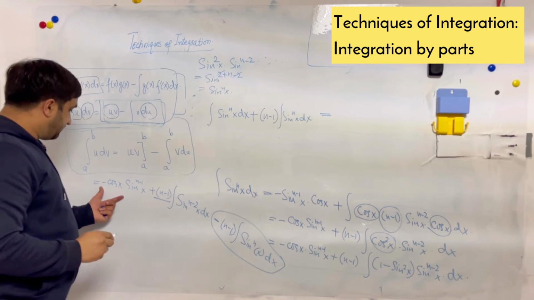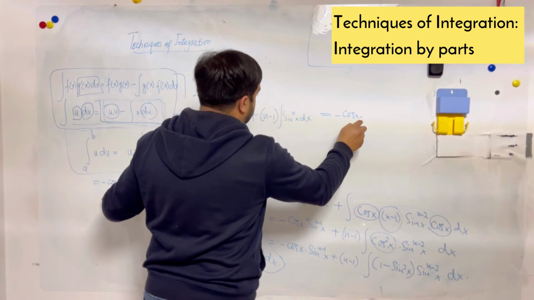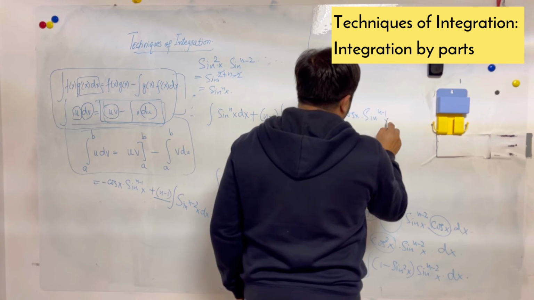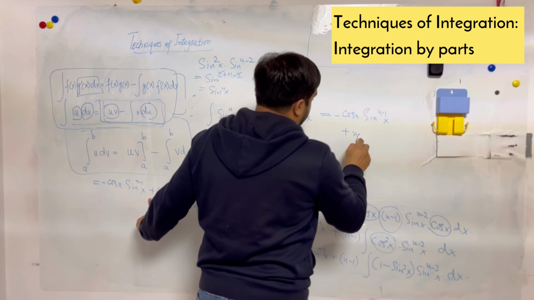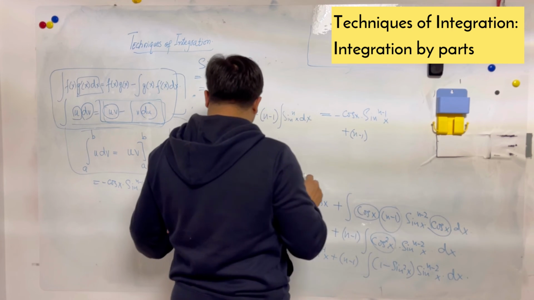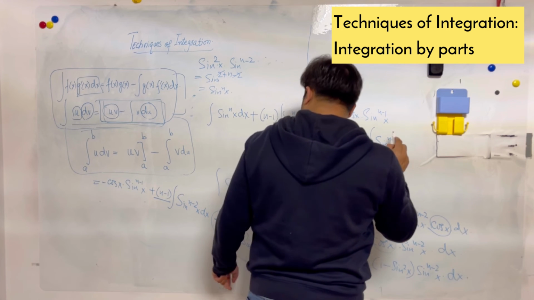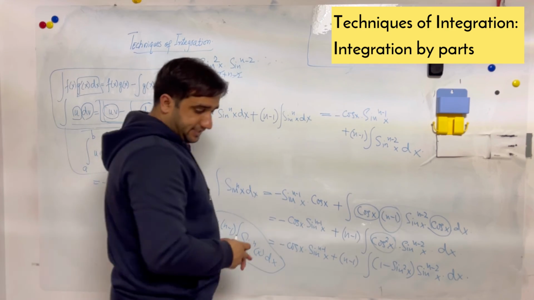On the right, now the leftover is minus cos x sine raised to the power n minus 1 x plus n minus 1 integral sine n minus 2 x dx. All finished.